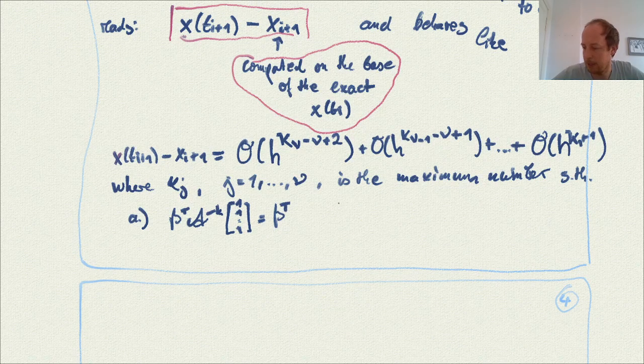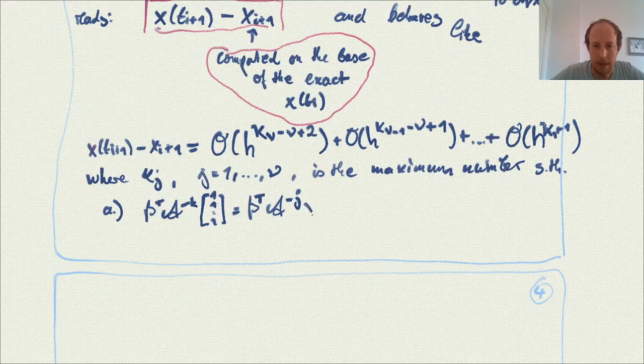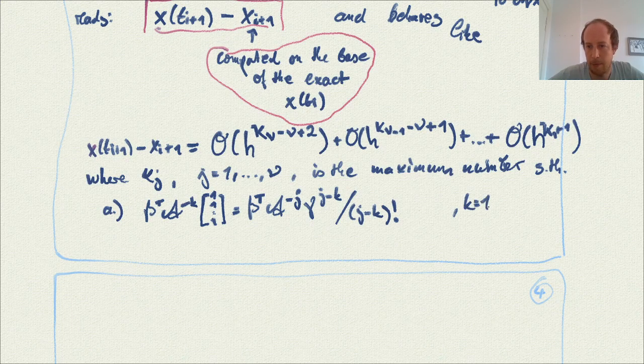As this is now the condition, is beta transpose a to the minus j gamma to the j minus k divided by j minus k factorial, and here k should range from 1 to j minus 1. Yes, j minus 1.